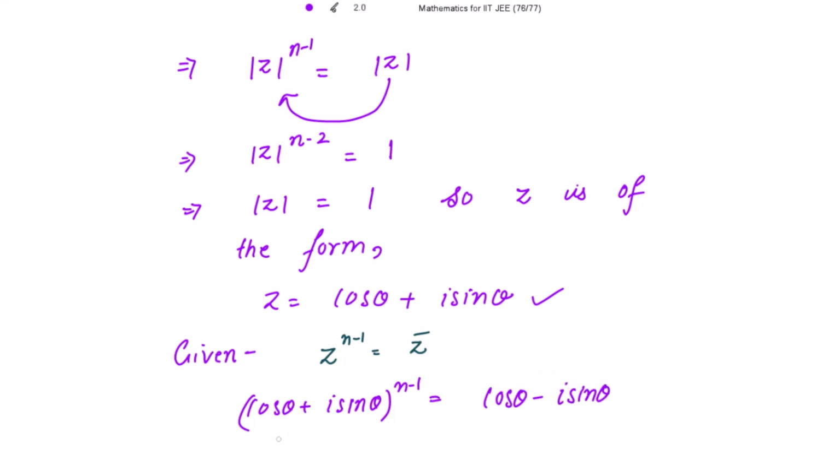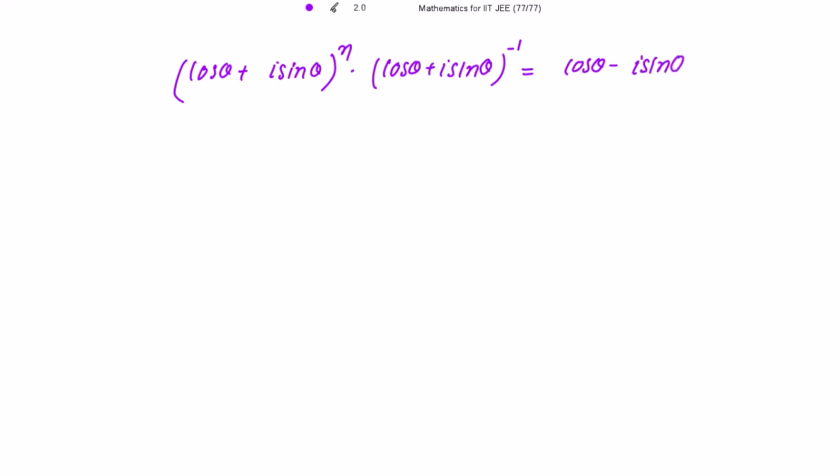which means this becomes cos theta minus iota sine theta. Let's write this further as cos theta plus iota sine theta to the power n, into cos theta plus iota sine theta to the power negative 1. That is equal to cos theta minus iota sine theta. Using de Moivre's theorem, we get cos n theta plus iota sine n theta, the power gets multiplied with the angle.